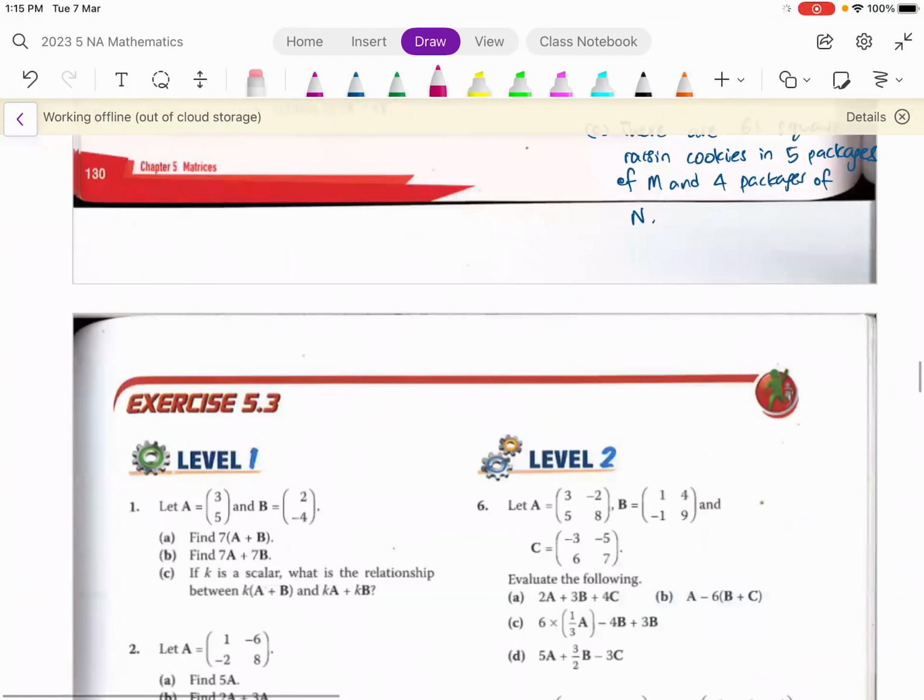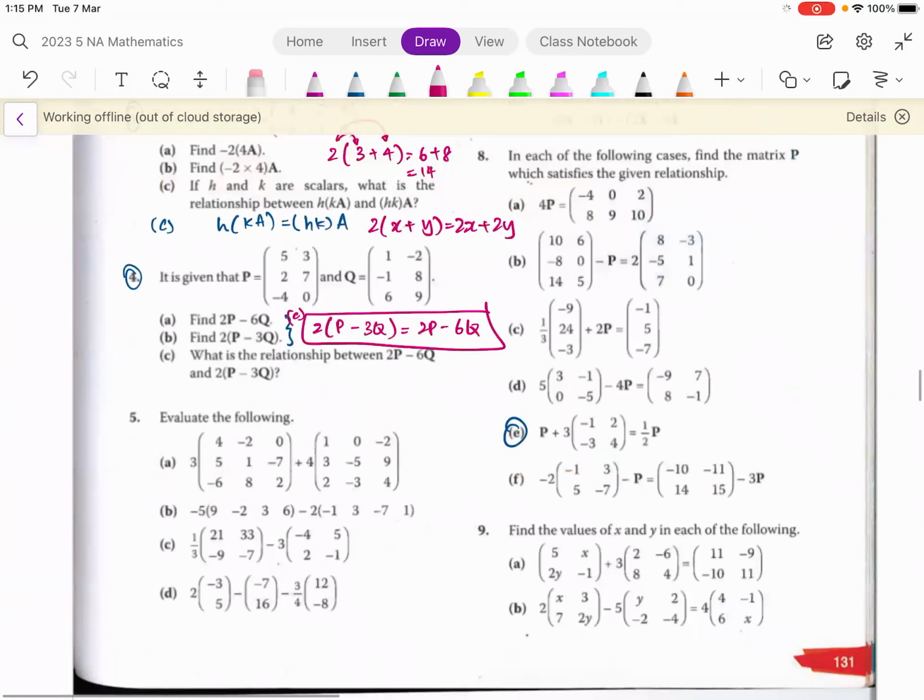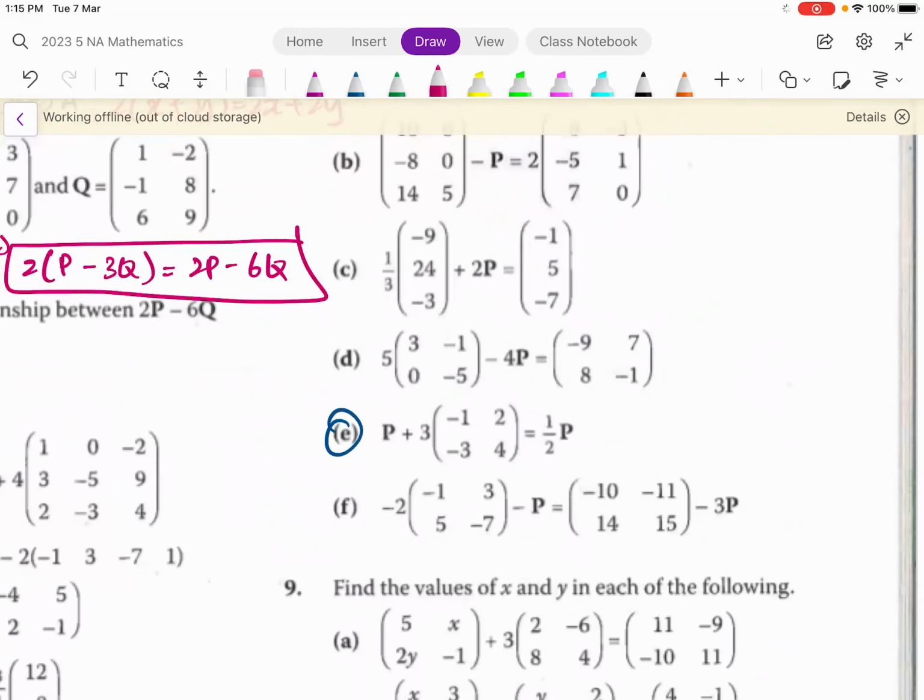Okay, next one, question 8e. Over here, you have to do some manipulation. Make the q, group the q terms, the p terms together. So our first step will be p minus half p will be equal to -3, -1, 2, -3, and 4. So I'm treating the matrices like your usual algebra.